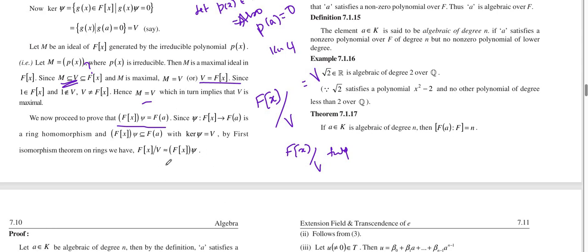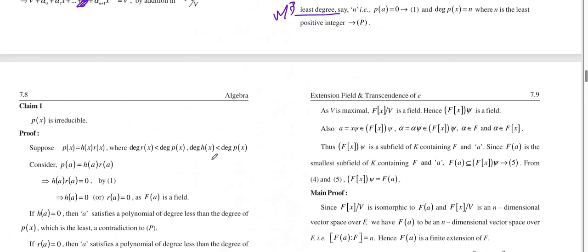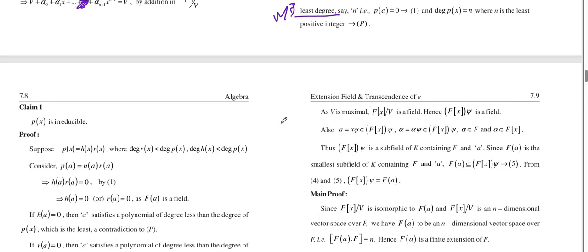So now we will claim that F[x]psi is F(A). It's a field, and one more thing, that A equals x + V belongs to F[x]psi and alpha also. So F[x]psi is a subfield of K containing both F and A. Since F(A) is the smallest field of K containing F and A, the smallest must be contained in any other, the image of F[x] under psi.